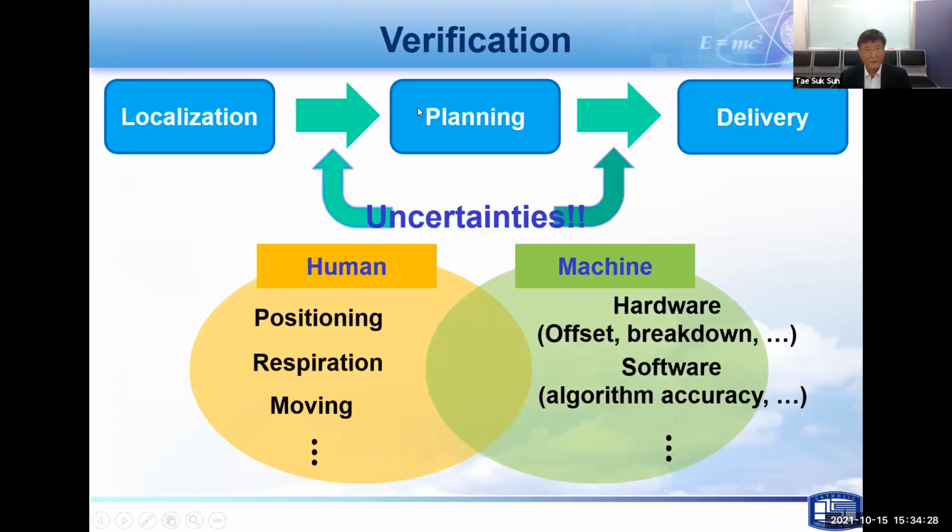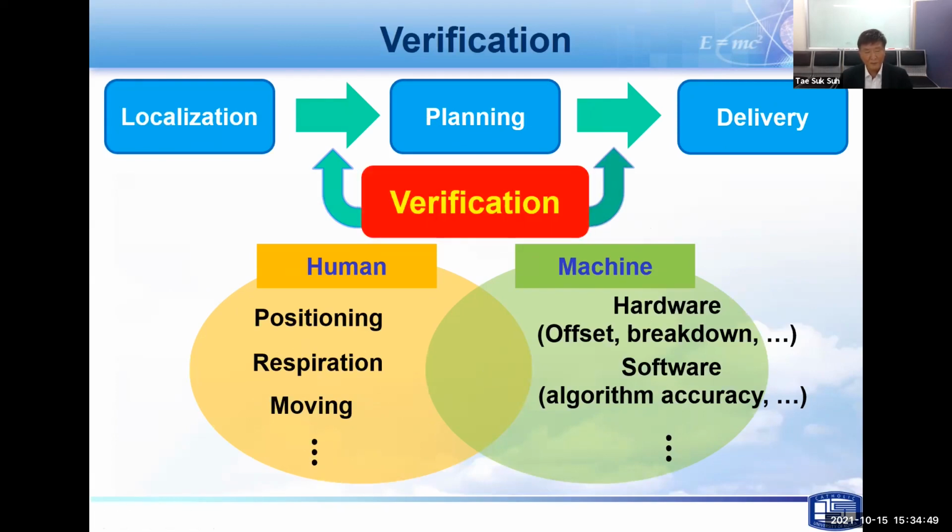Generally, there are many uncertainties in localization, planning, and delivery, human error and machine uncertainties. So many uncertainties we need to consider. So it's very important to verify the accuracy with regard to each step, so localization, planning. So verification is very important.